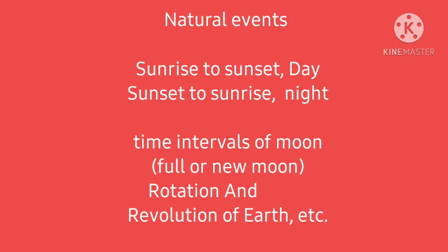So our ancient people used these natural events to understand day, night and month, as well as the time taken by the earth to complete one revolution around the sun, which is measured as one year. So through natural events they understood the time period.